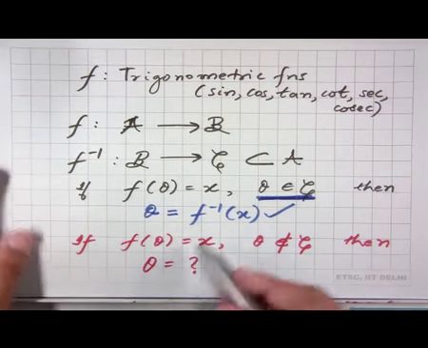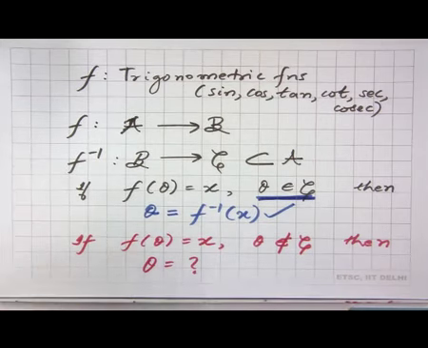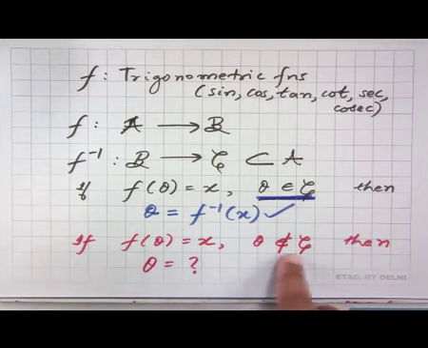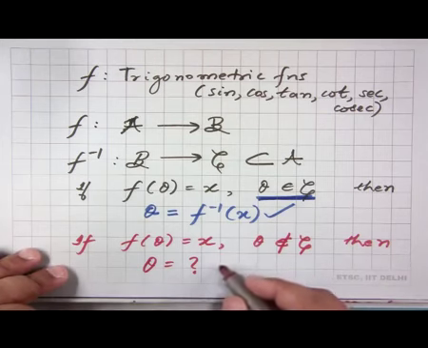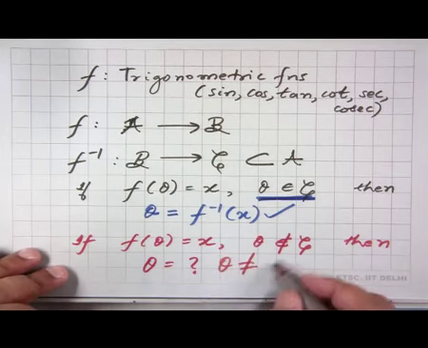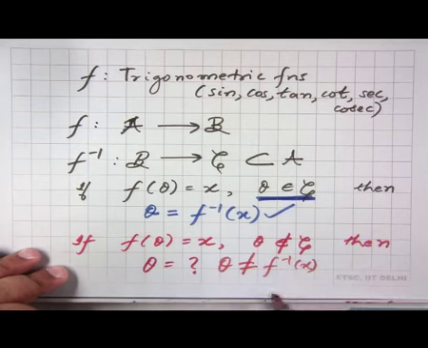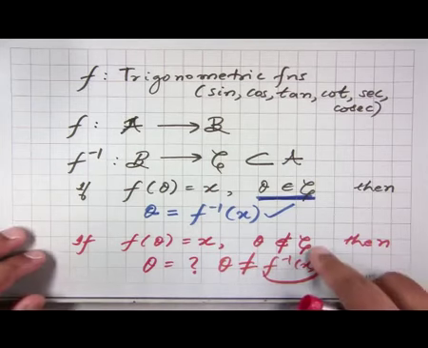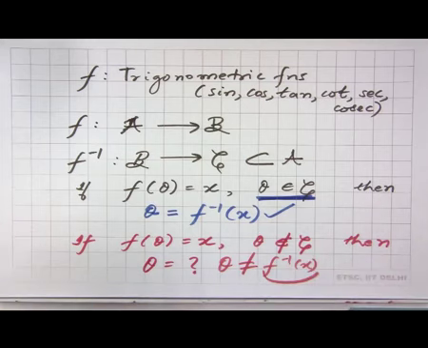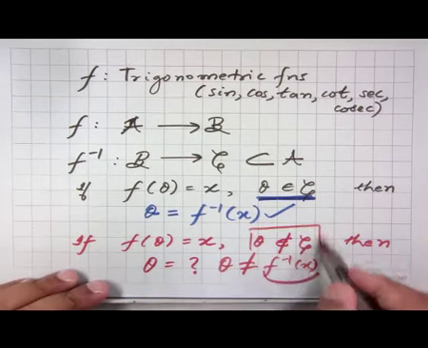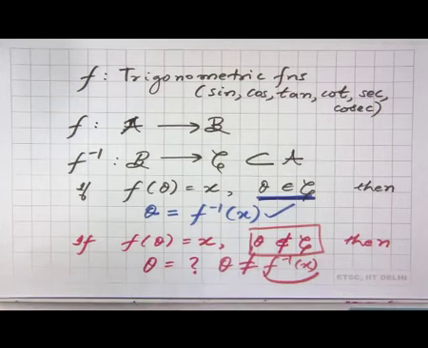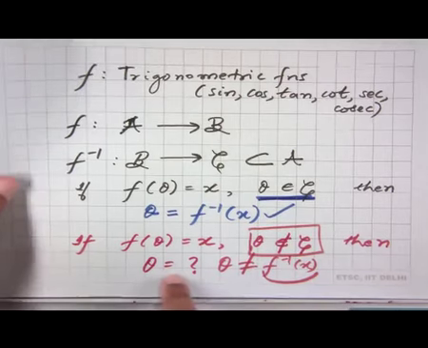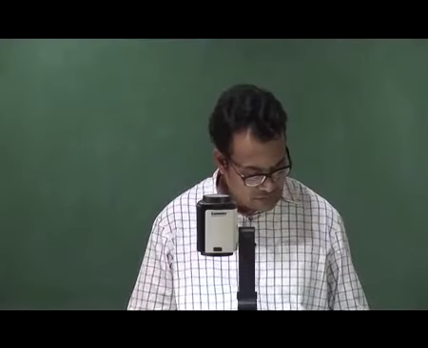Obviously, in this case where theta does not belong to the range set of f inverse, it is clear that theta is not equal to f inverse of x, because f inverse of x will always belong to the set C, whereas it is clearly mentioned here that theta must not belong to the set C. So, how do we find theta in such a case?